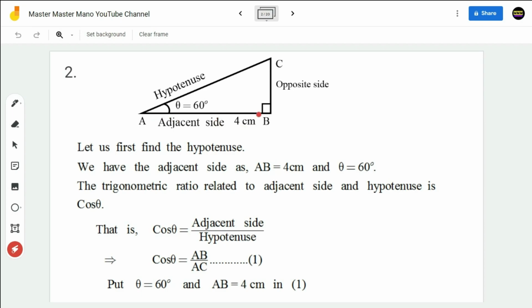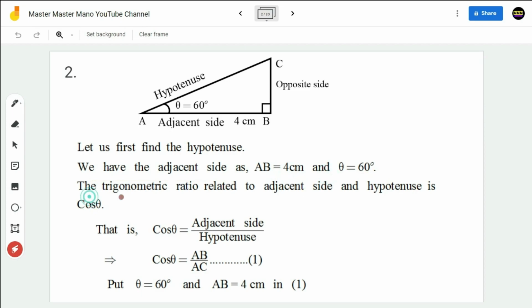We were given the length of one side of a right angle triangle and one angle of the right angle triangle. We have to find the length of the two sides by using the trigonometric ratio. First, let us find the length of the hypotenuse. We have the adjacent side AB equal to 4 centimeter and theta equal to 60 degree.